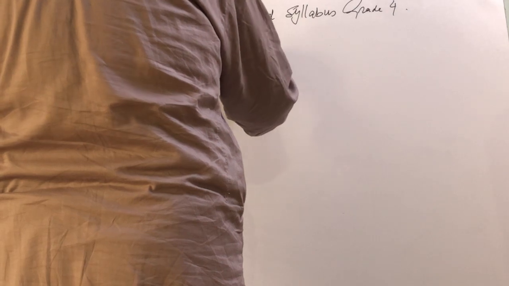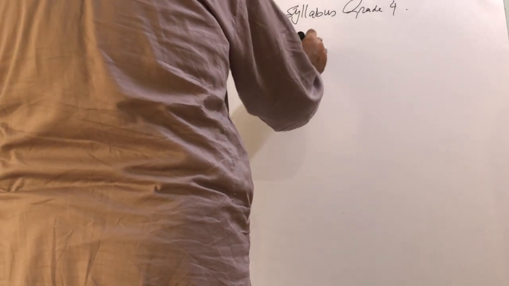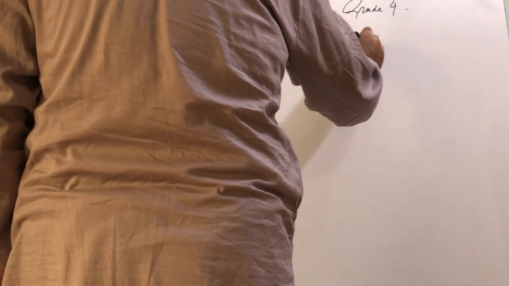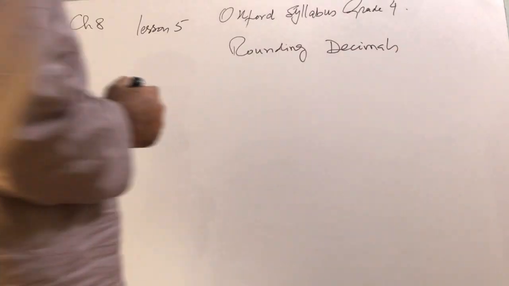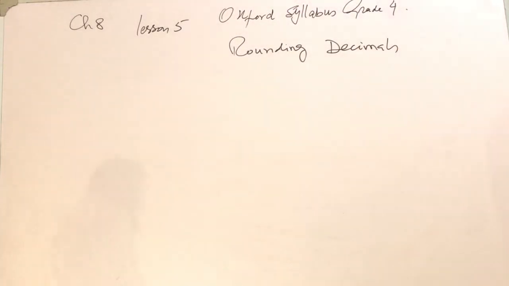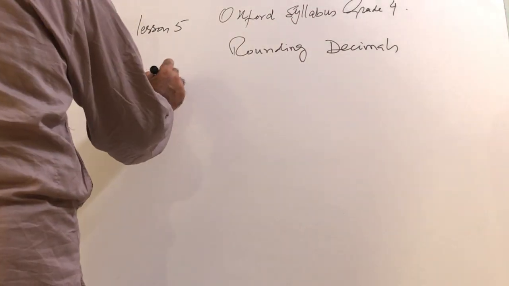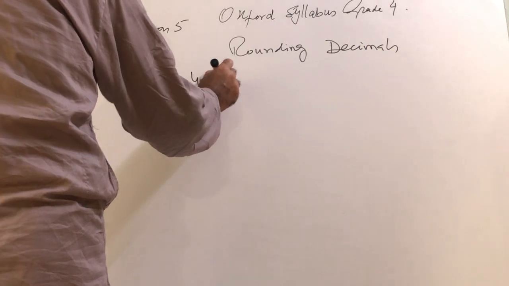This is on page number 175. Rounding decimals. Page number 175. It says, what is the mass of each basket of fruits when rounded to the nearest kilogram? Here we have one basket, 9.4 kilogram.